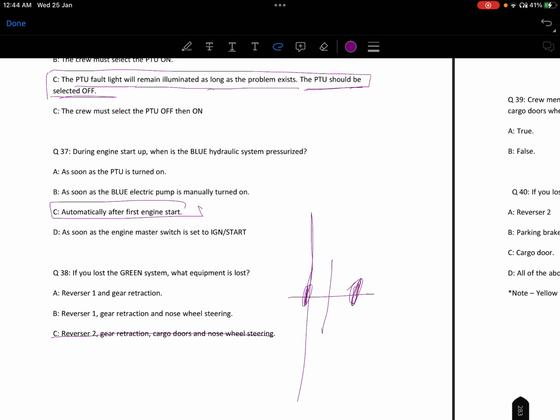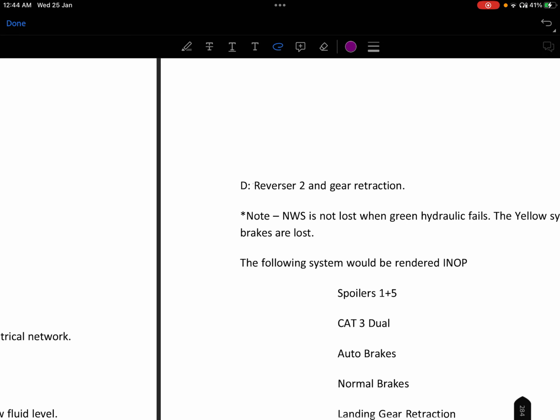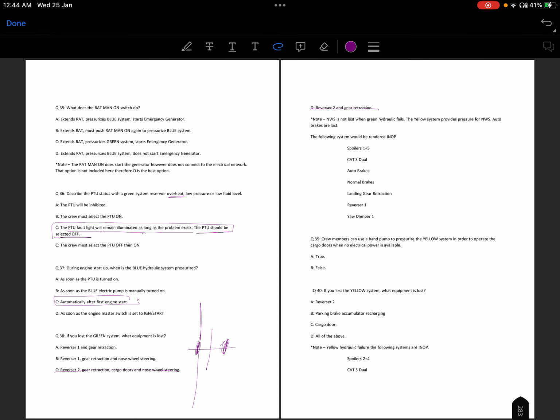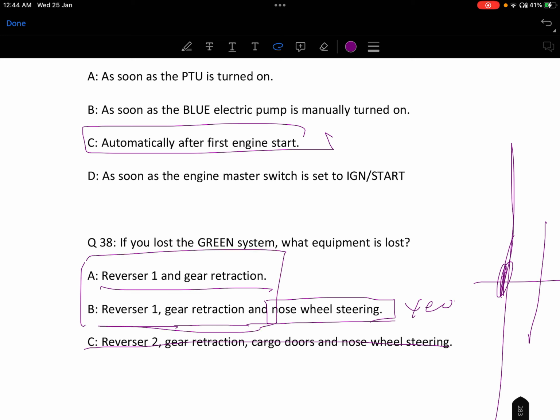This is the aircraft, and this is green system with engine 1 pump. Engine 1. So reversers of engine 1 will be affected definitely. Not the reversers of 2. So option Charlie automatically gets cancelled, and Delta. Two options got cancelled.